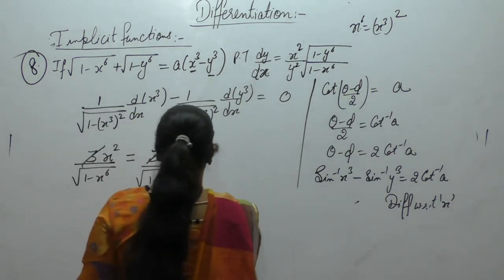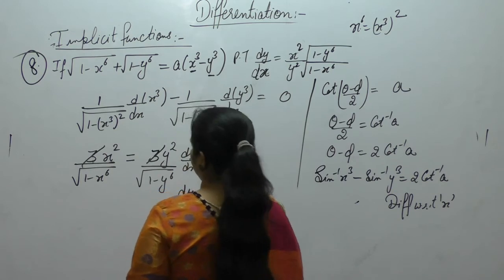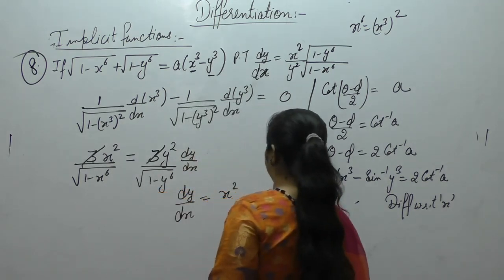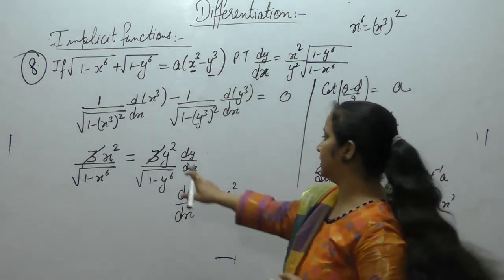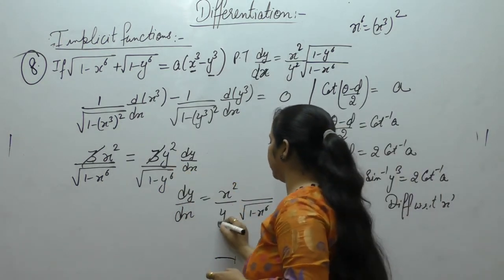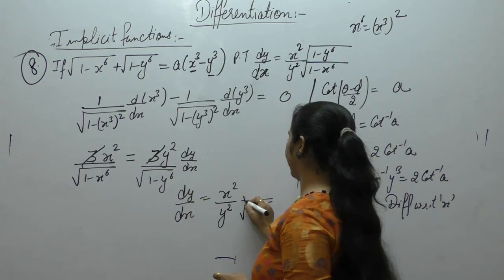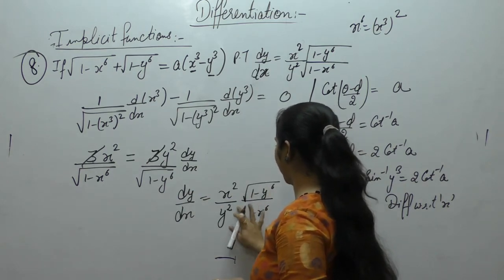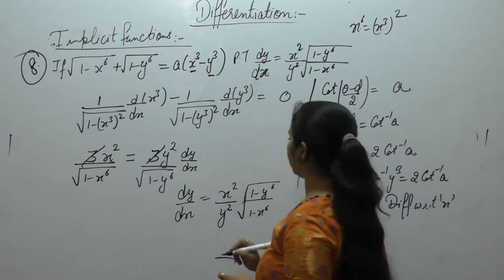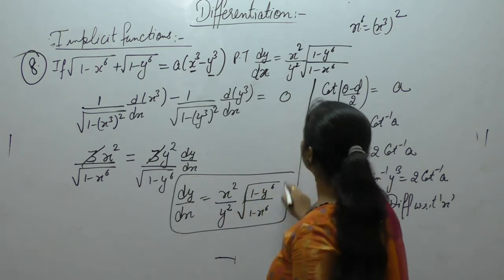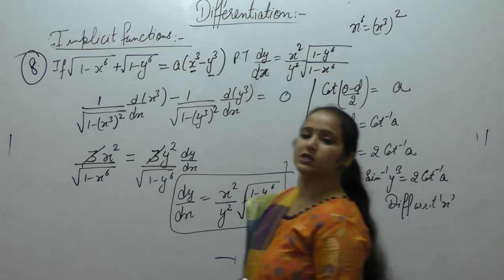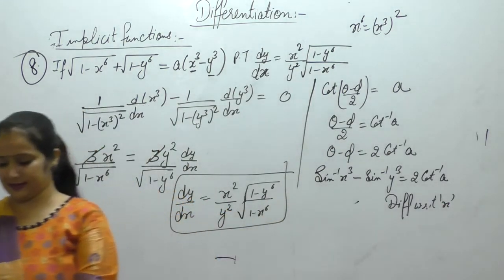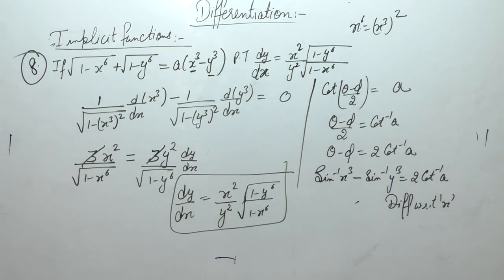So dy upon dx equals x square, square root of 1 minus x power 6, y square goes in the denominator and 1 minus y power 6 in the numerator. So we can write it as x square upon y square into square root of 1 minus y power 6 upon square root of 1 minus x power 6.